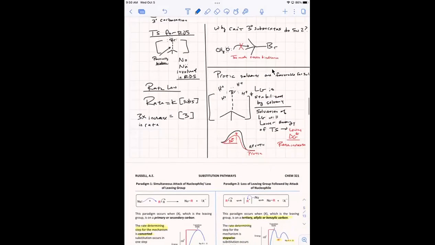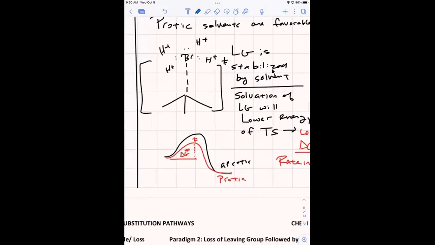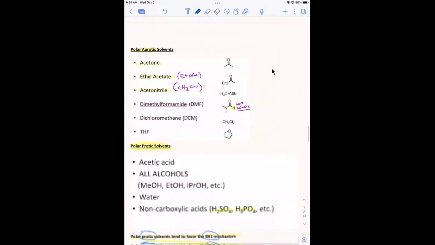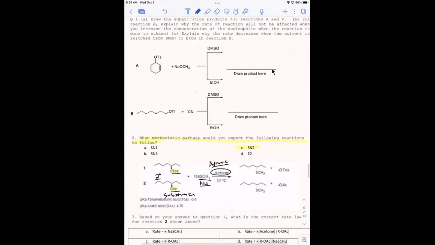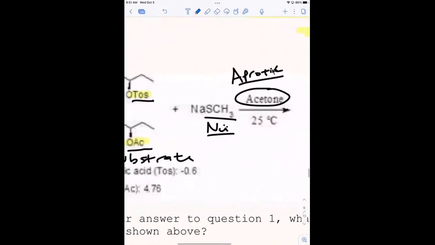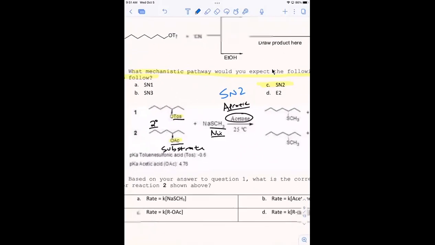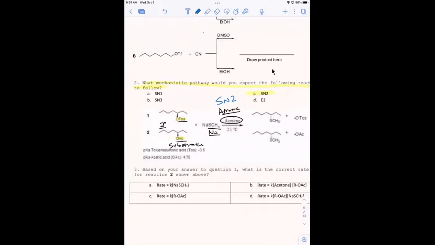SN1, if you use a protic solvent, it's going to speed the reaction up because it's going to solvate the leaving group. So here, if you're doing the reaction in an aprotic solvent, that's a clue that it's SN2. If it's aprotic, it's going to favor SN2. So we're going to say that this is SN2.